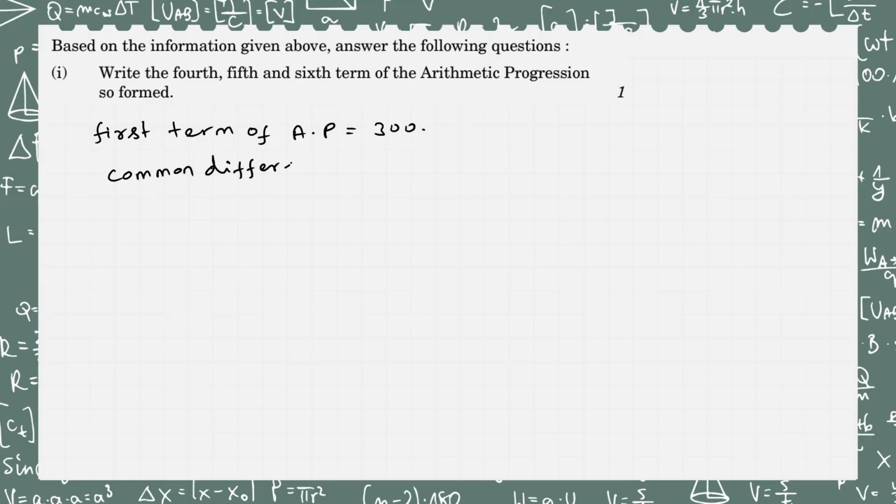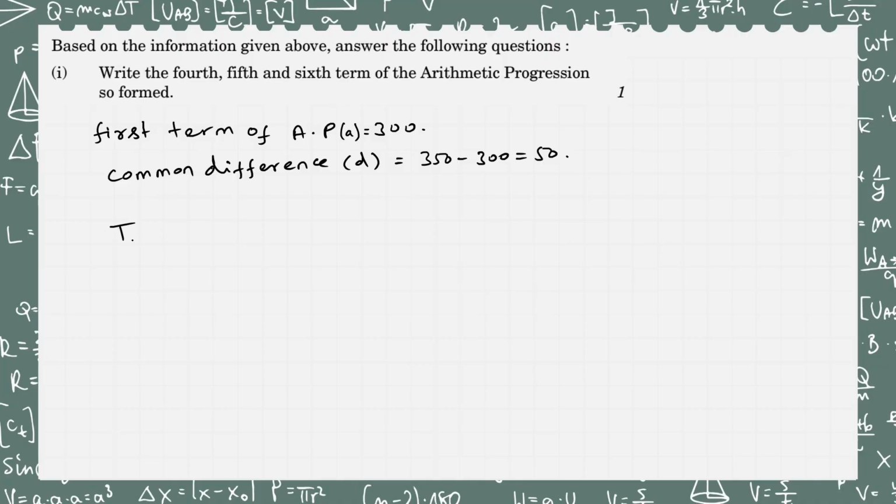And the common difference D is equal to the second term minus the first term, which is 50. Okay, now we need to find the fourth term, fifth term and sixth term.